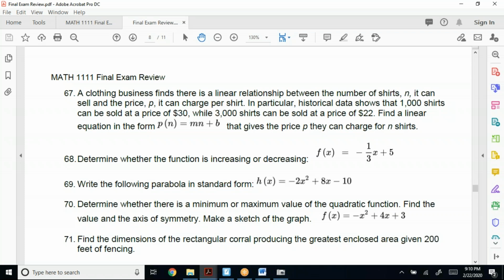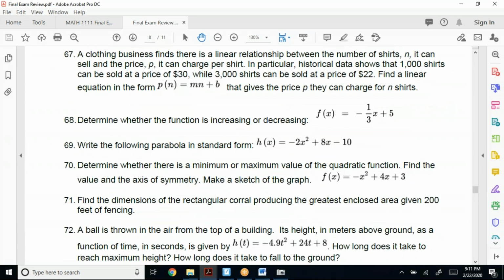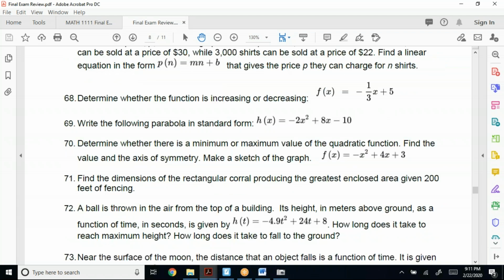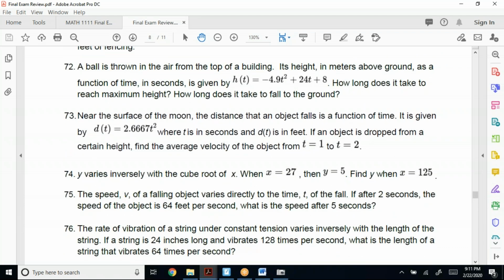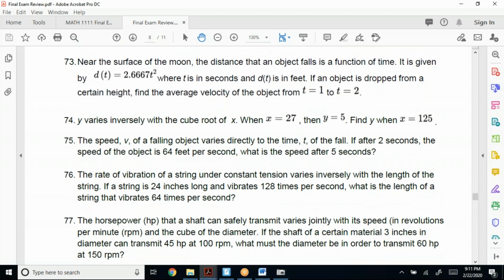You have to be able to tell on a linear function whether things are increasing or decreasing just by looking at the slope and knowing whether it's positive or negative. 67 would really be a really good linear word problem to focus on. That would benefit you. 70 is an excellent problem. You're sketching a quadratic and looking at the axis of symmetry and all that stuff. I already said 72, 73, 74. 75 is a real good one.